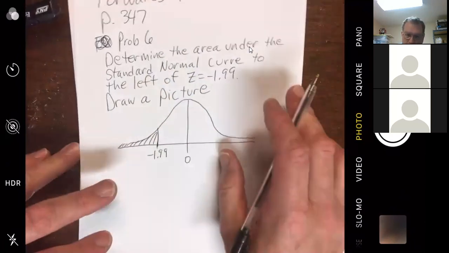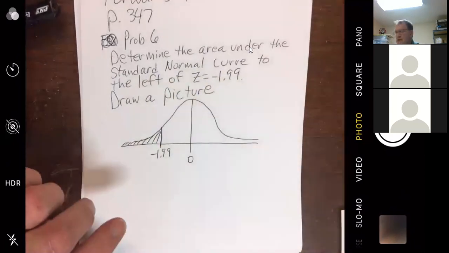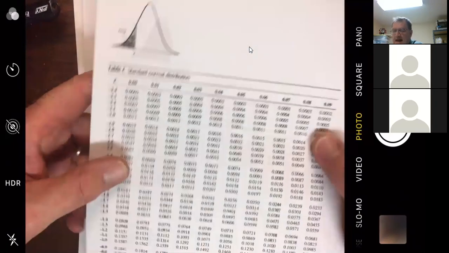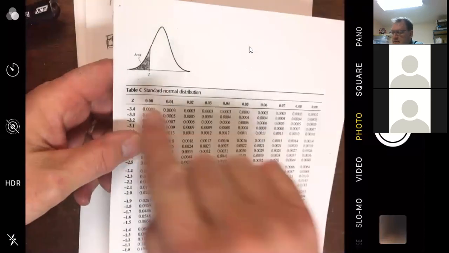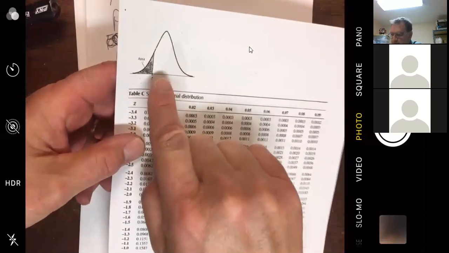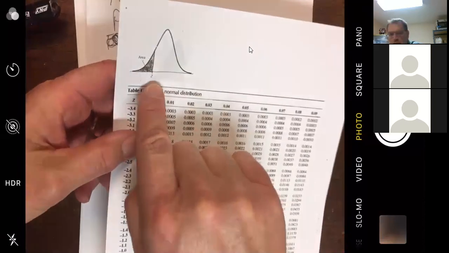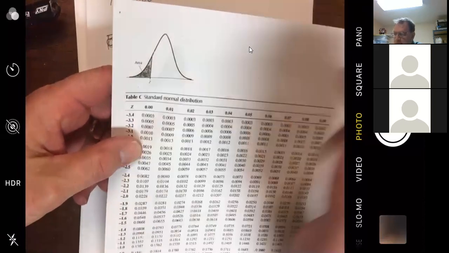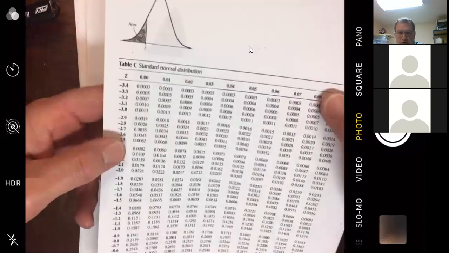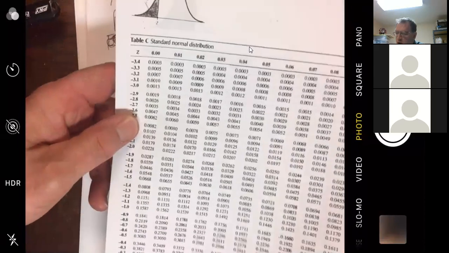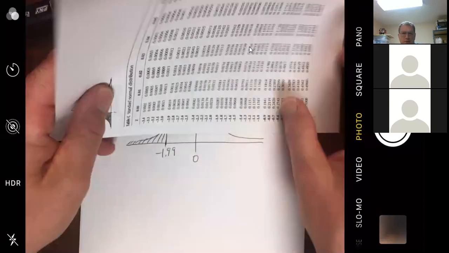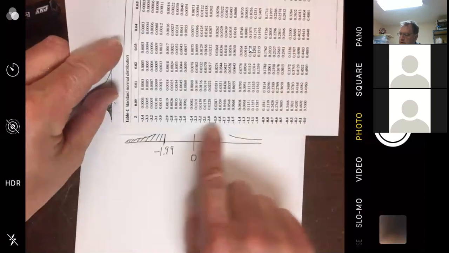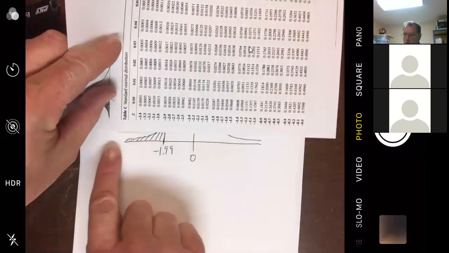So we don't know how to use that calculus formula. So let's talk about the table. Notice the table, the picture at the top looks very similar. They just have a general Z number here. What you really should do with this table is twist it horizontally, because these Z numbers actually run right across.